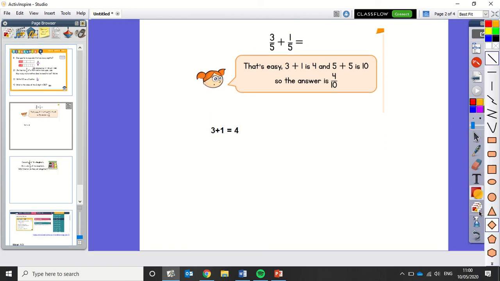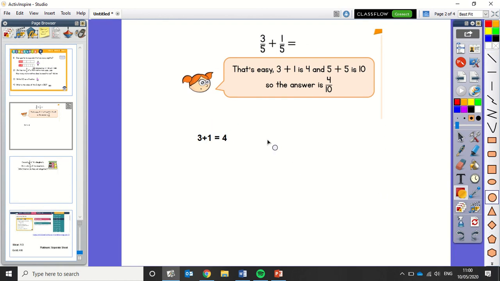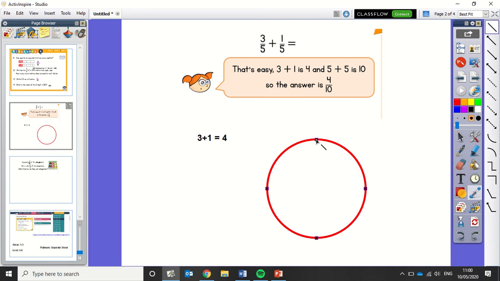It's like saying, let's draw a nice circle, and let's split it into fifths. How do I get into fifths?